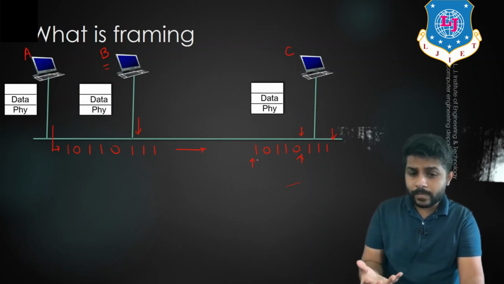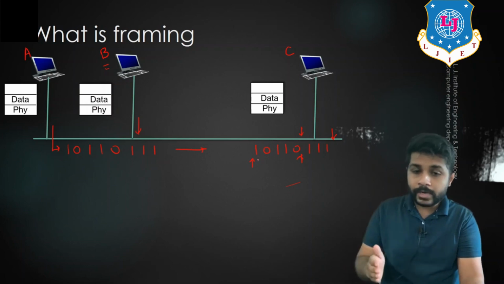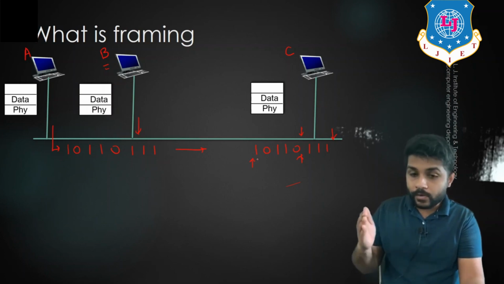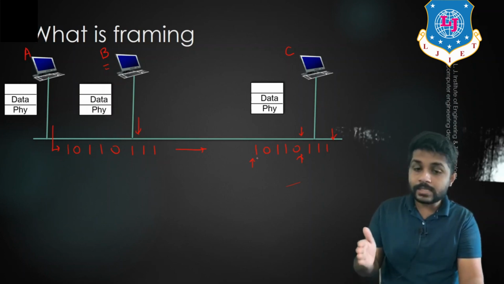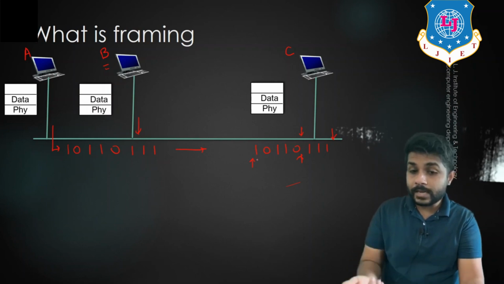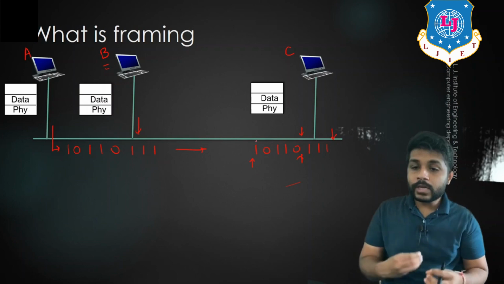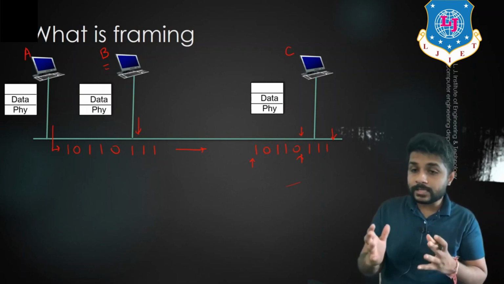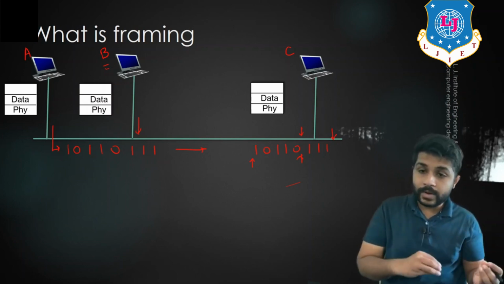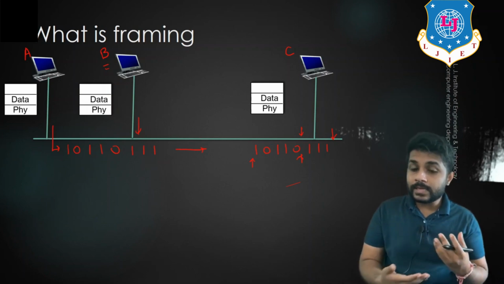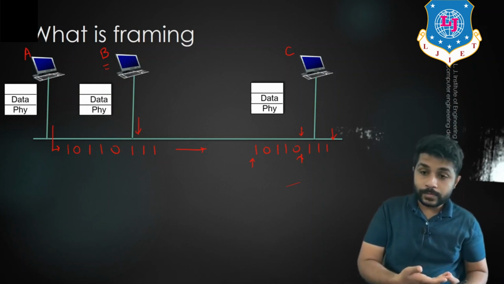C should know that from this point it has to start receiving the data which is sent by B, and from this point it has to start receiving data which is sent by A. So you can clearly see that if two or more devices are sending data to a particular device, the receiver is getting confused.